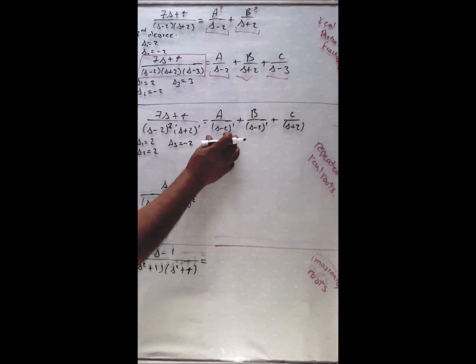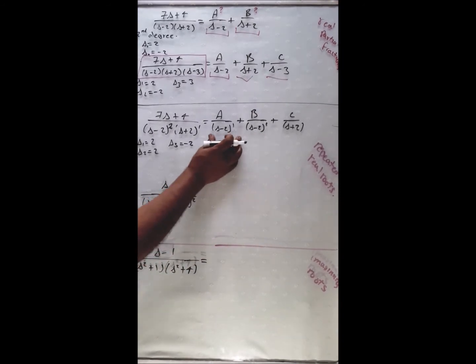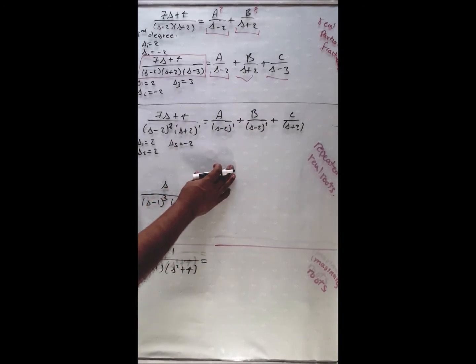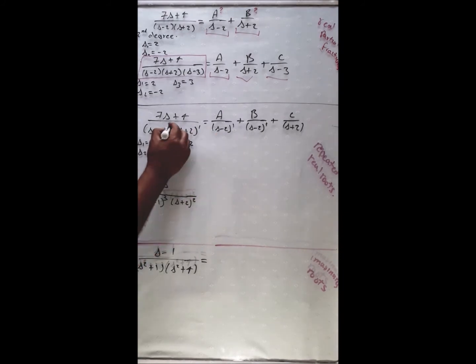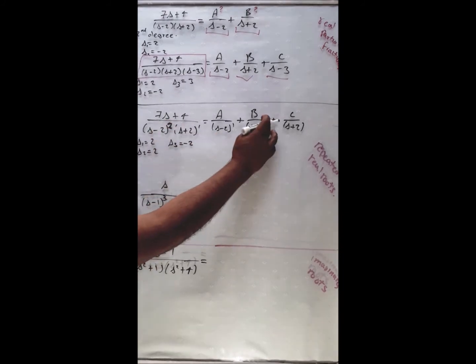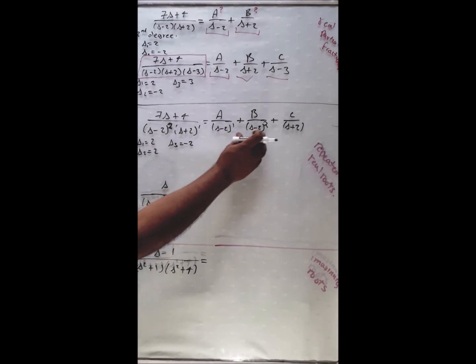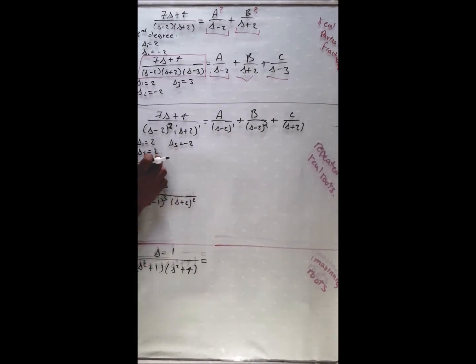And because you have the same partial fraction, there is no need to write a and b, it's just one single partial fraction. But that is not sufficient because you need second degree. So that is why you write the second power here. So you have to complete the polynomial, the first power 1 and the other one power 2 for the second root. And this is the partial fractions for this repeated root.